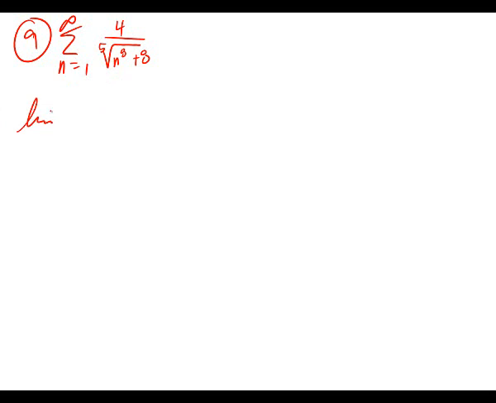So we're going to start with the limit as n approaches infinity. You take your original function, and that goes on the top: 5th root of n to the 8th plus 8. All I'm going to do is drop the 4 and keep this 5th root of n to the 8th.